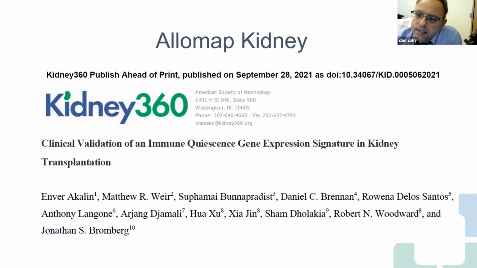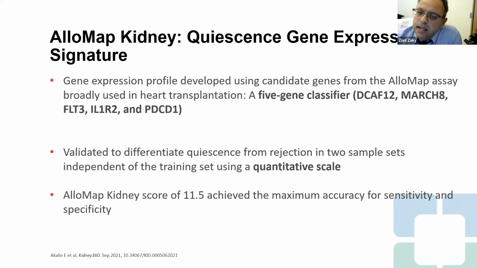This study is for the other gene expression profile available. It's called AlloMap Kidney. And they studied these 5 genes. As I mentioned, this is a 5-gene classifier, mainly adopted from the AlloMap Heart, which has 20 genes.